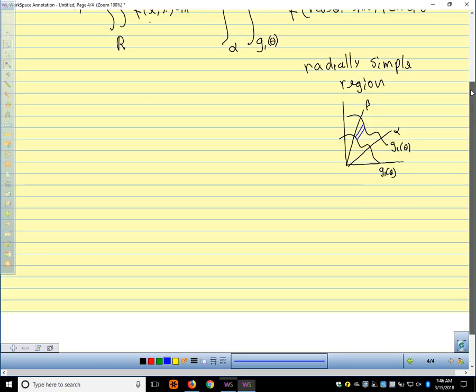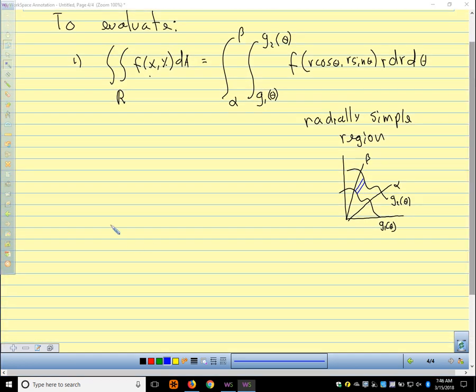And the second one is much, much less common, but we can evaluate them this way.